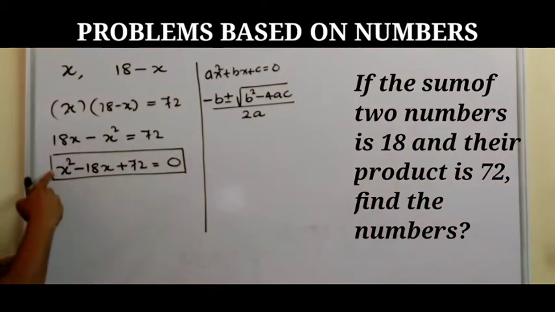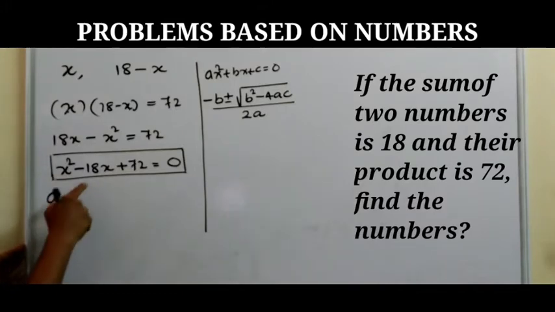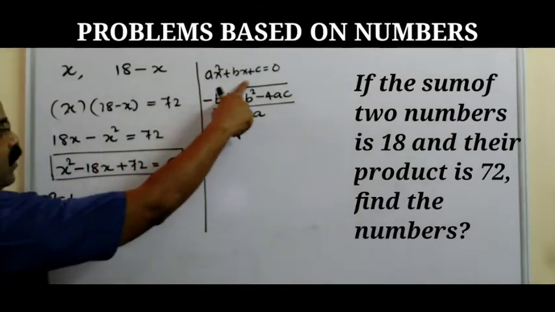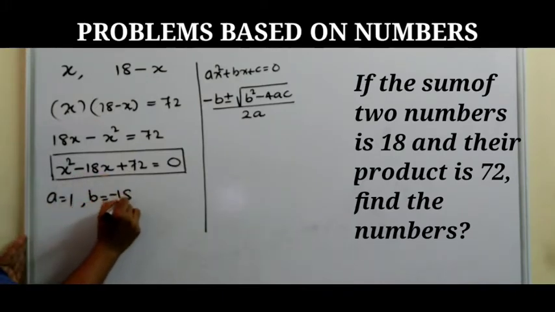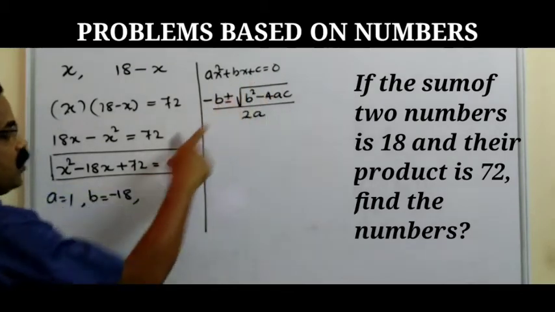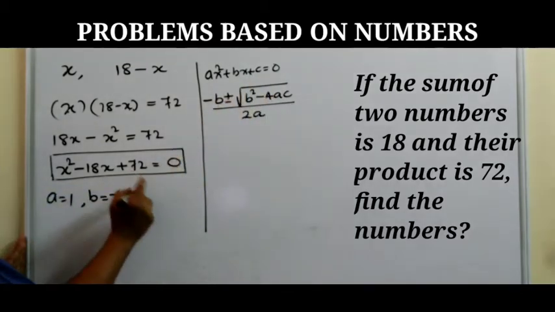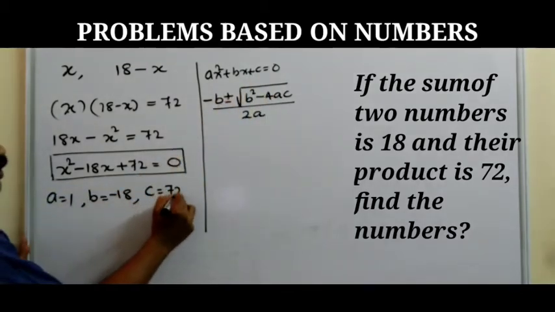Here we have 1x square, so a is equal to 1. b is the coefficient of x, minus 18x, so b is equal to minus 18. And in place of c we have 72, so c is equal to 72.